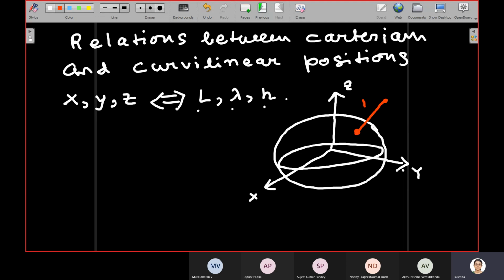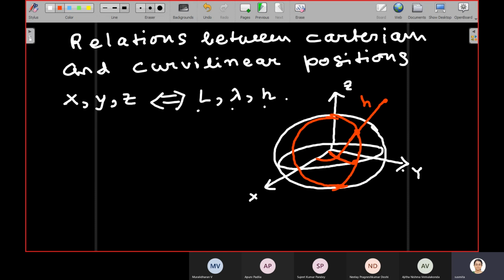Here, this is h. Then we take the vertical section of the ellipsoid passing through that point. If we extend this line further, it intersects the equatorial plane at this point.